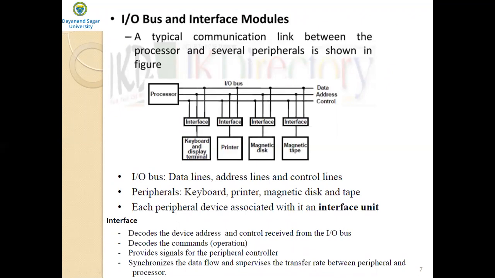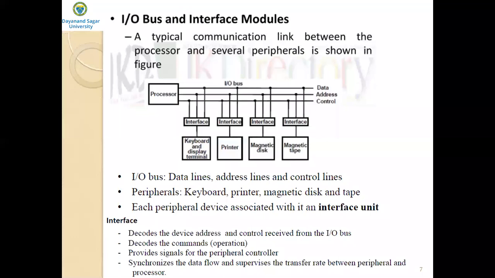The input and output transfer module gets data from the device. This input-output interface circuit gets the data from the device, or the input-output module transfers data to the CPU. So these are the input-output steps.